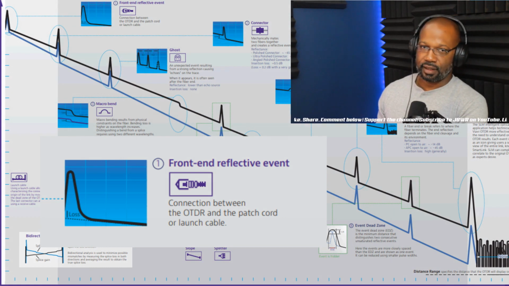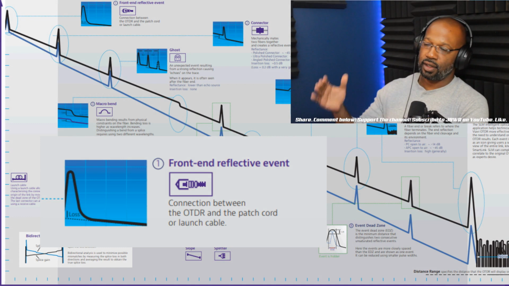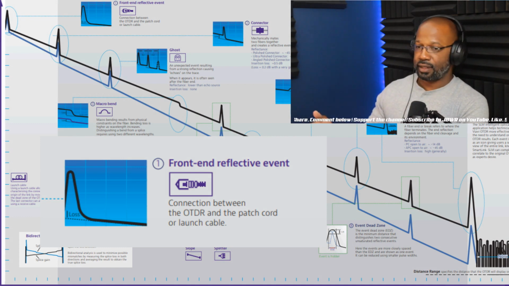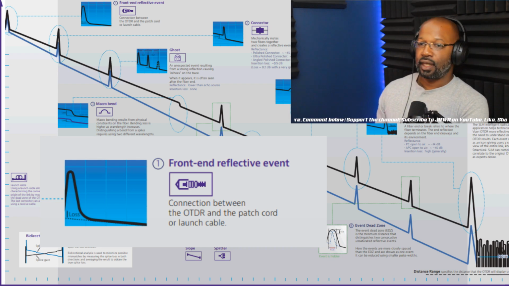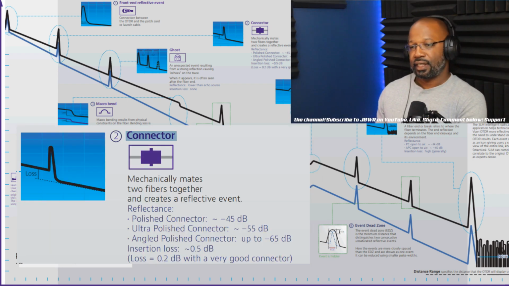This is basically the start of the trace, right? It's where your launch kit or the patch cable is connected into the OTDR, right? That creates a reflection, right? If we move to the next point, we can see the connector, which mechanically connects 2 fibers together and can create a reflective event, right?